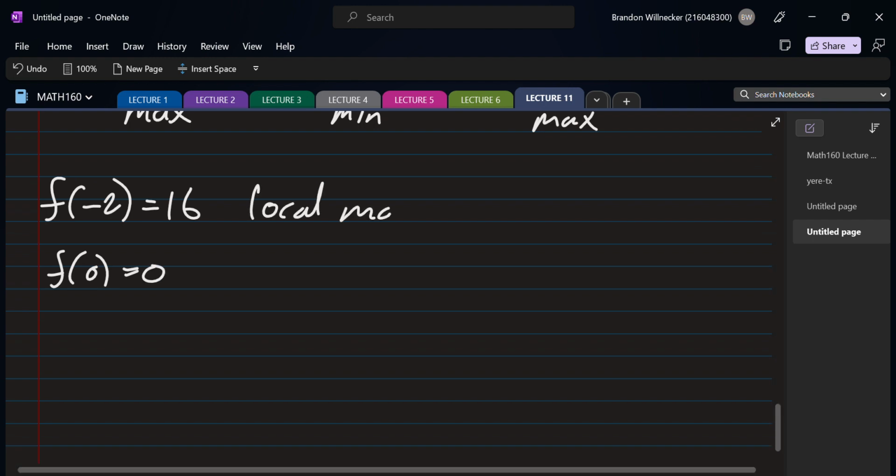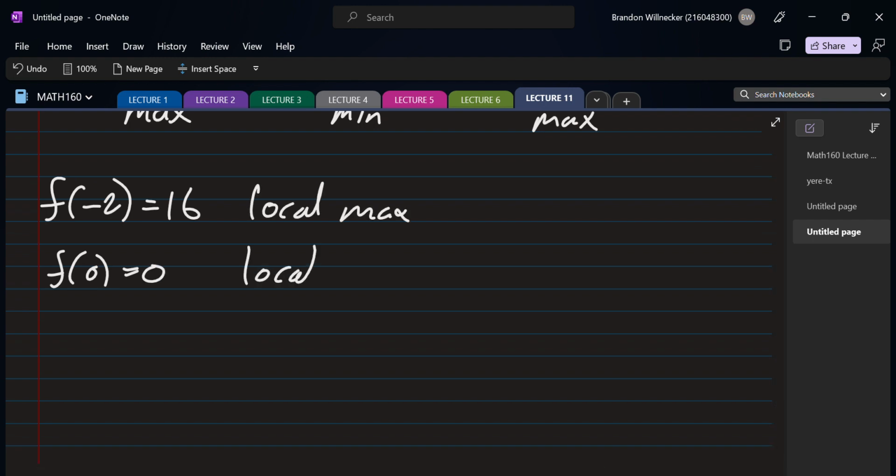So local max, local min, and then f at 2, you can work that out. That's also going to be 16. That will be another local max. Okay. And then you can calculate the inflection points as well. But for this, we don't need it to get a rough sketch.